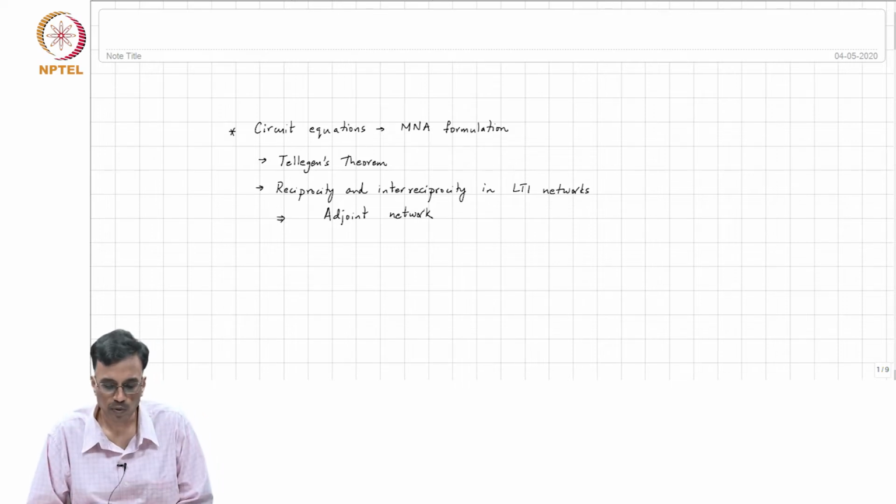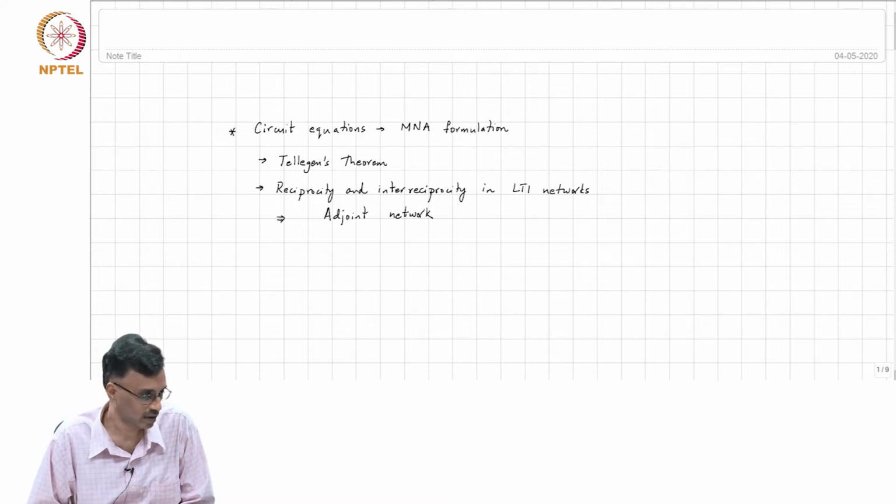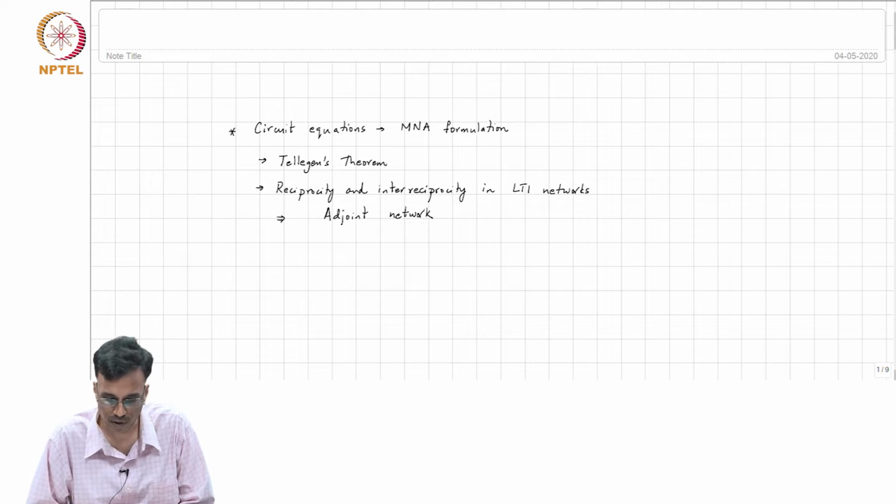The MNA matrix of the adjoint is simply the transpose of the MNA matrix of the original network, and now you know why the name adjoint makes sense, because the transpose of a matrix is often referred to as the adjoint.